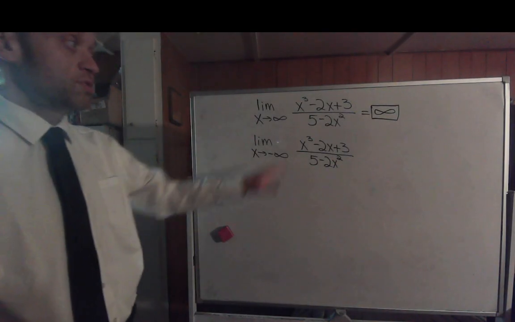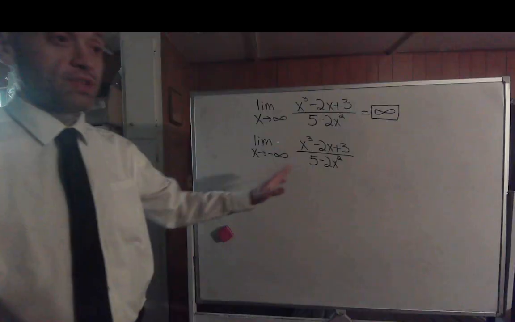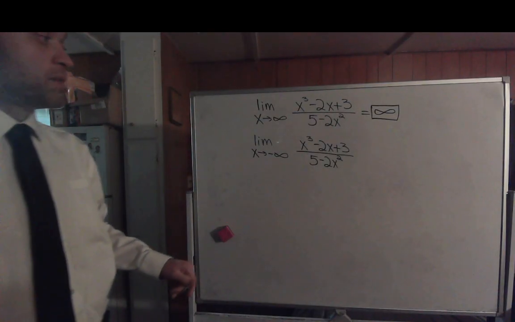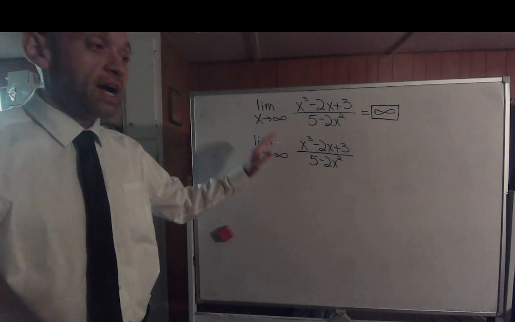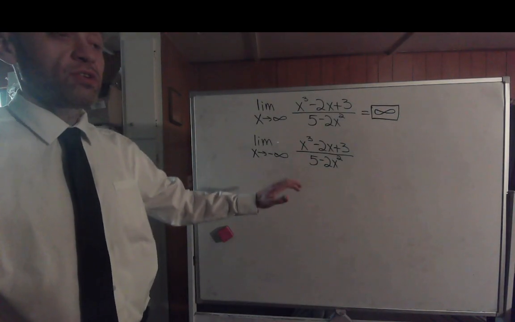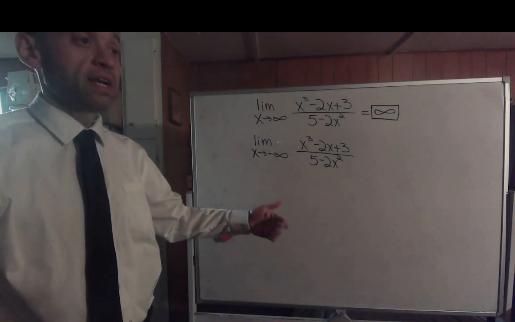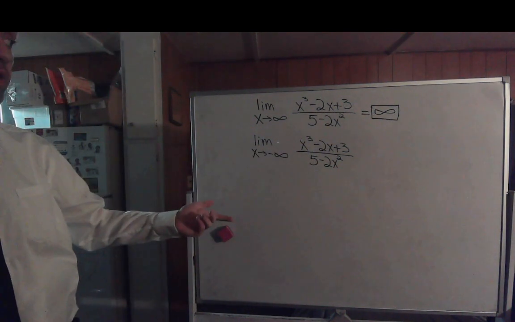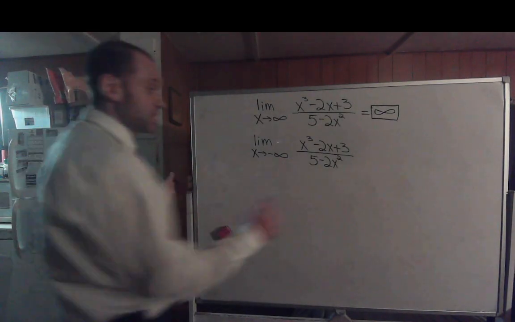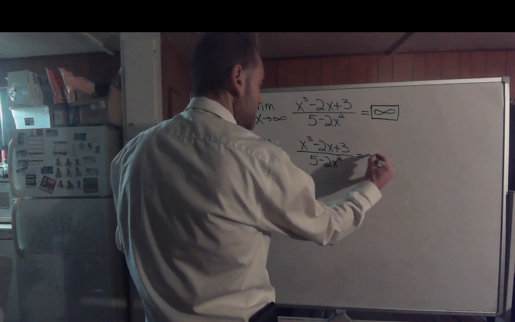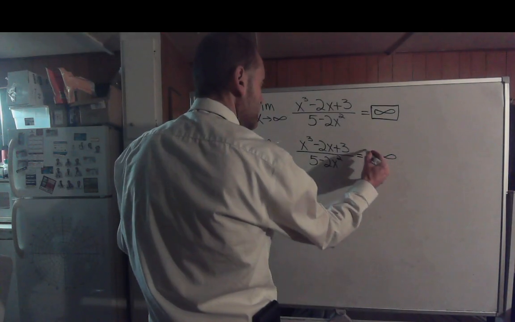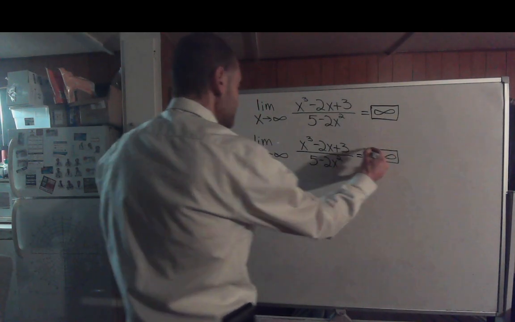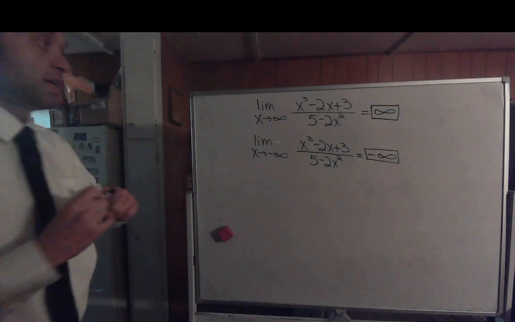That means that the numerator is increasing faster than the denominator. But if I take any high negative value to the 3rd power, well, I'm just going to get a negative answer because a negative to the 3rd power is a negative. So my limit in this case would become negative infinity, since my limit is going towards negative infinity.